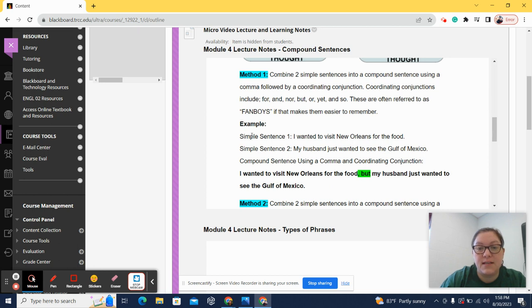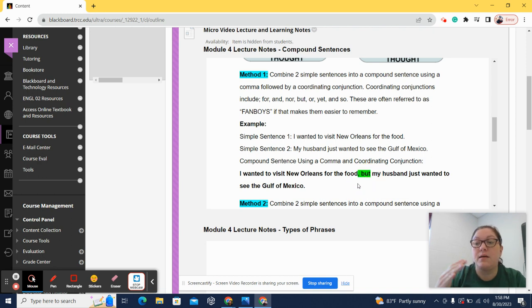Here is an example. If I have the simple sentence, I wanted to visit New Orleans for the food, and then a second sentence, my husband just wanted to see the Gulf of Mexico. Those are about the same trip that I actually took with my husband, so I'm going to combine those and make them a compound sentence. I take both sentences and put them together using a comma and then a conjunction.